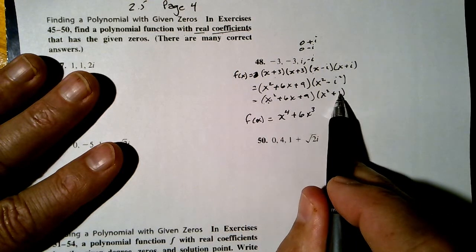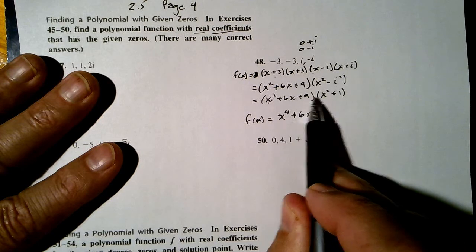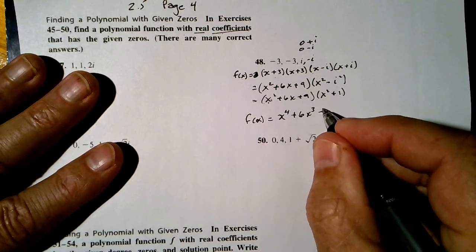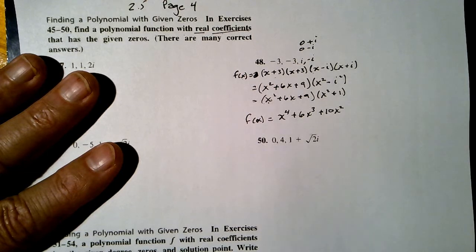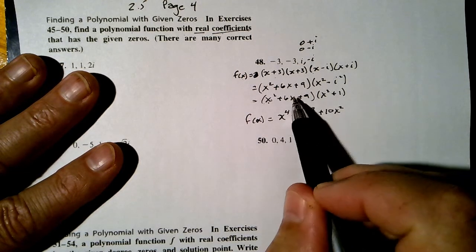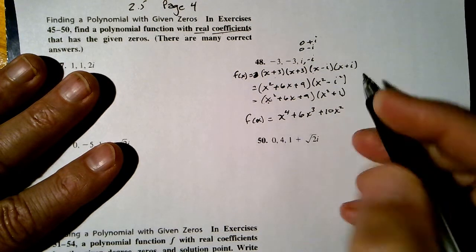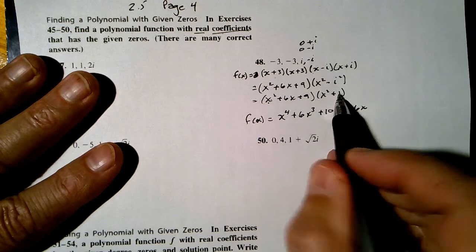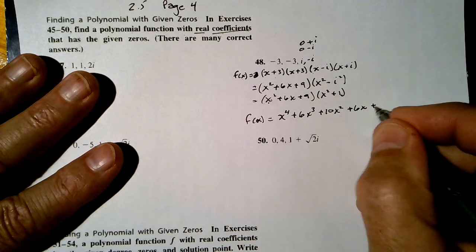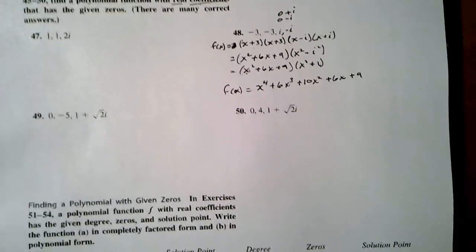I get one of them here and 9 more of them there. Plus 10x squared. How about just plain x's? 6x times 1 is the only place I get plain old x's, plus 6x, and 9 times 1 for the non-x's. Okay, so there we've got it.